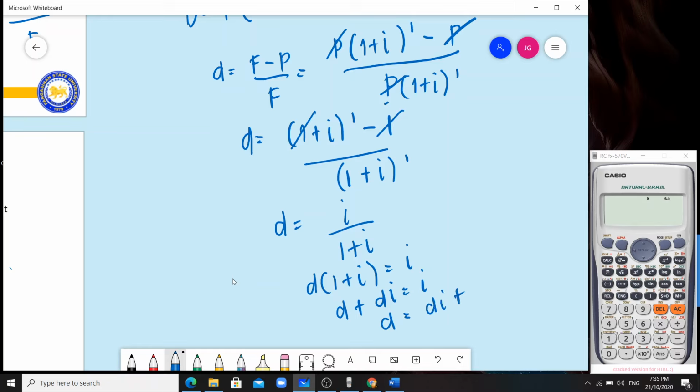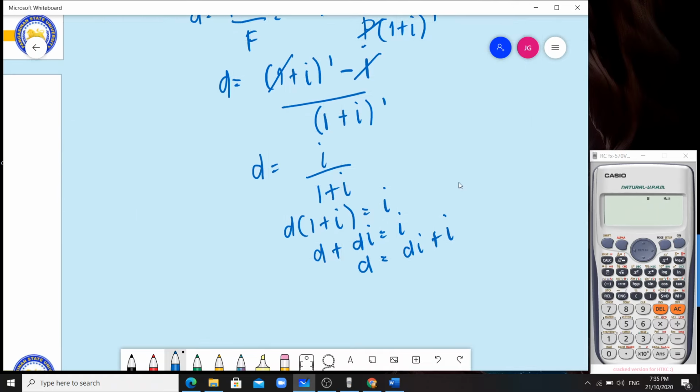D plus I. Ayan. So, labas natin I times D plus 1. Yan. So, I is equals to D over, tama ba?